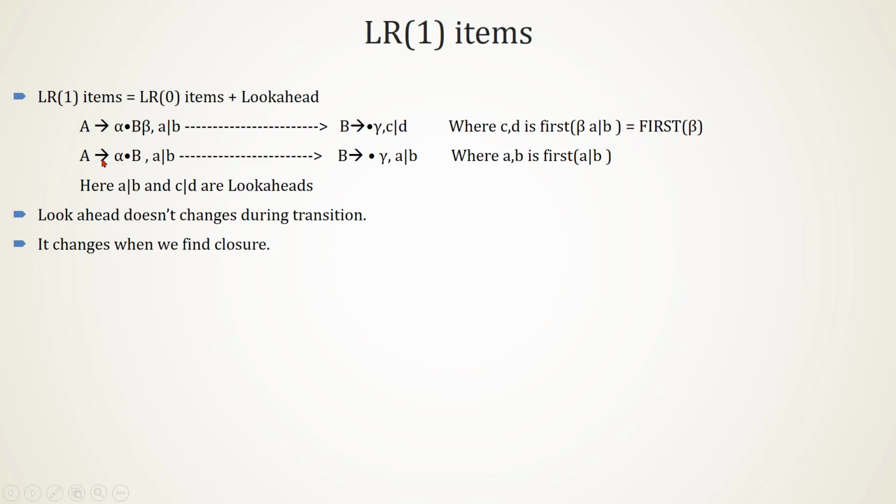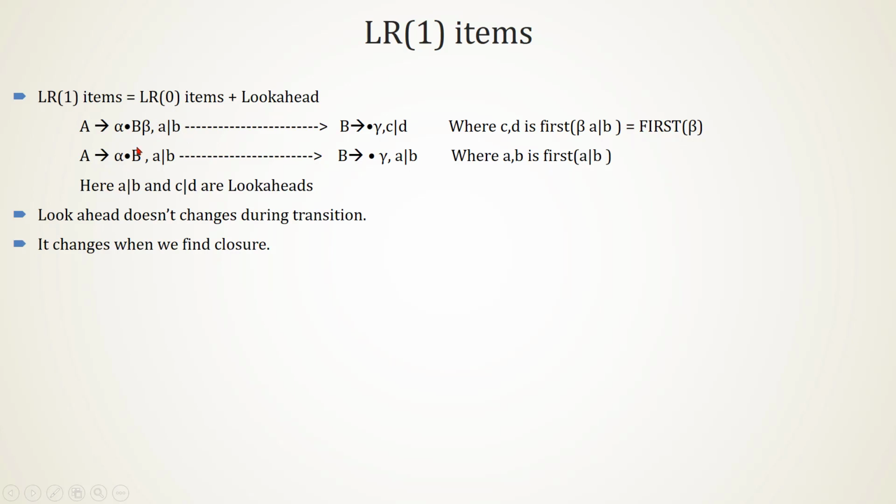Another example: alpha dot B, comma A and B. Here a dot is in front of B, so I will write the B production. The B production is B derives gamma, so I write B derives dot gamma. In the earlier example, we considered beta A, B as a block.